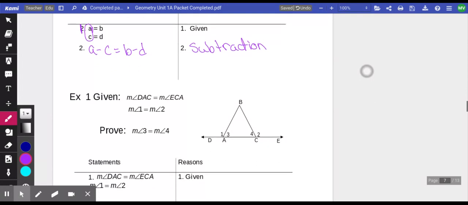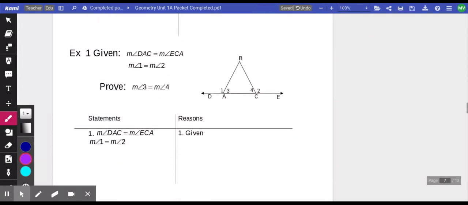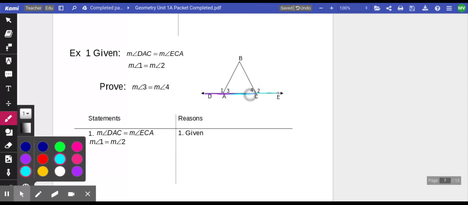Then if we look at this example here, we know that angle DAC, which is this line, is equal to angle ECA, which is this line. And we know that angle 1 is equal to angle 2.